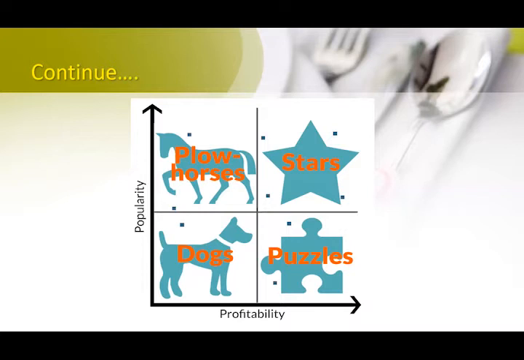Whereas a product which is high in profitability but less in popularity is said to be puzzles. And last but not the least, a product which is low in both, that is in profitability as well as in popularity, is said to be dogs. Let's discuss these aspects of menu metrics in detail.